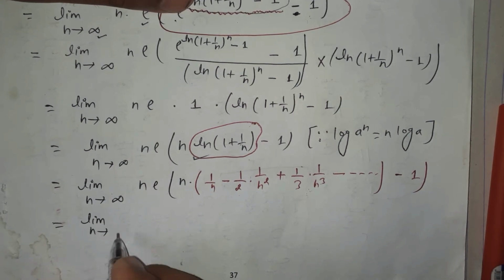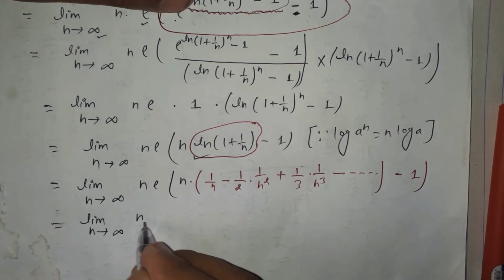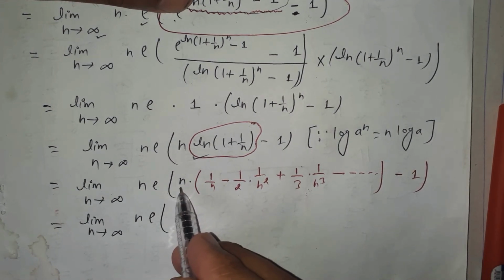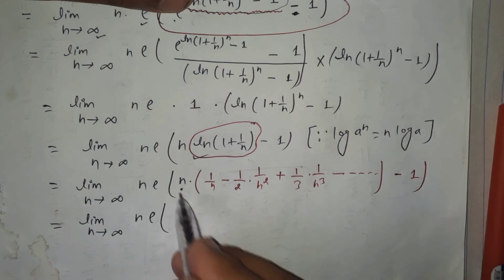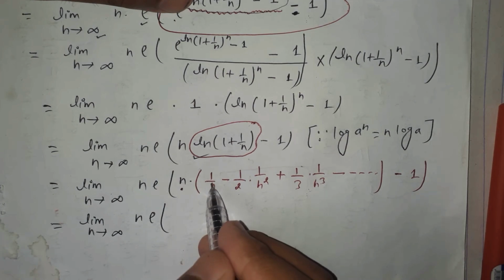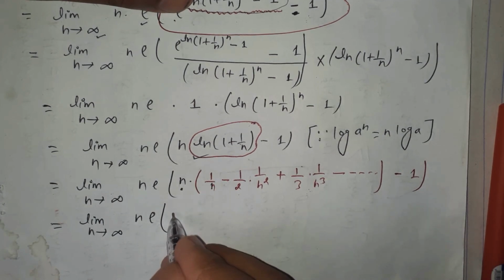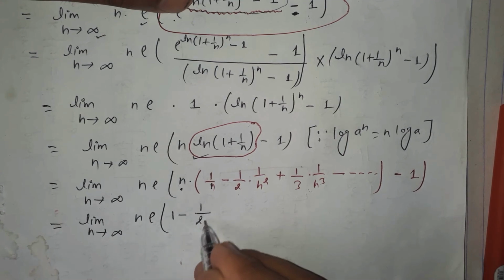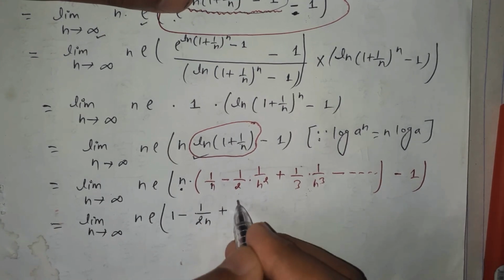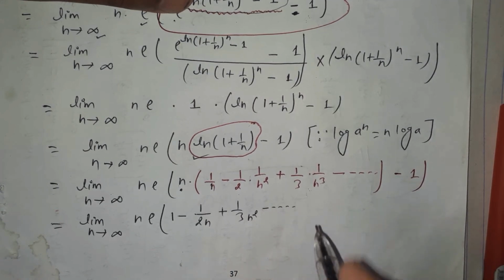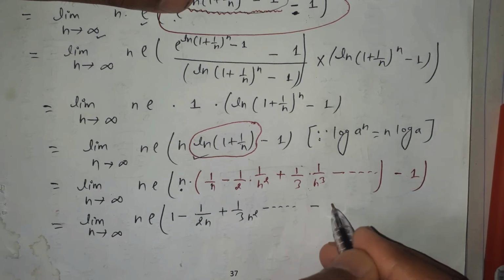The limit as n approaches infinity of n times e of, and inside this we can distribute this n among all the terms of this infinite series. Let's multiply by this n, and then 1 minus, if we multiply, 1 over 2n plus 1 over 3n square and so on, and this here is just negative 1.